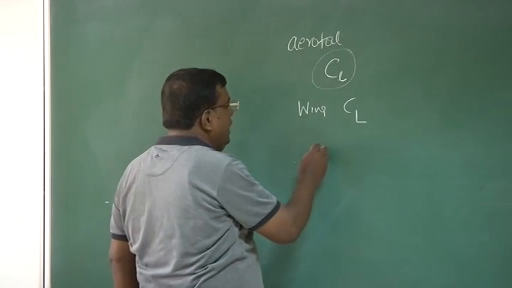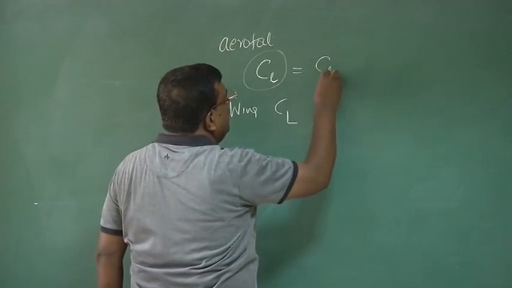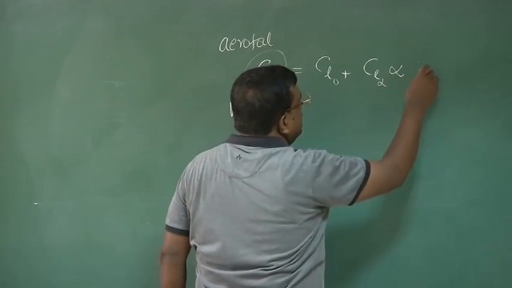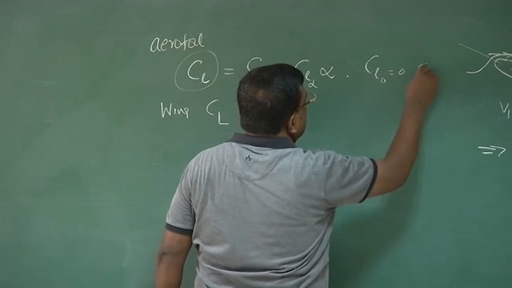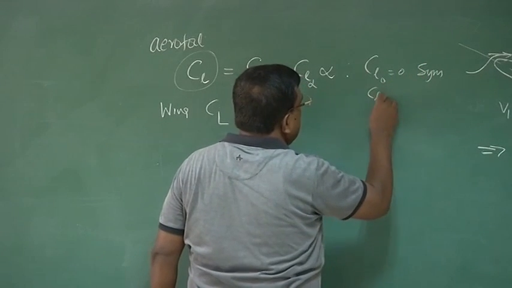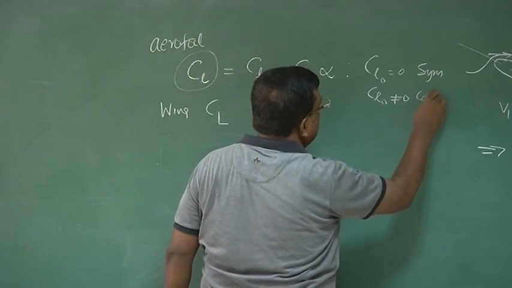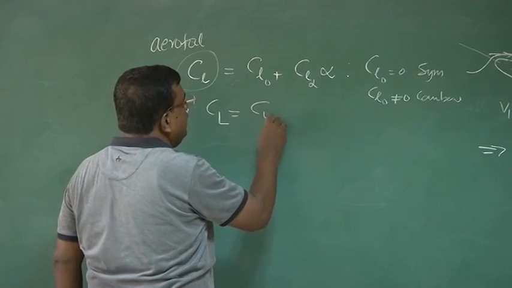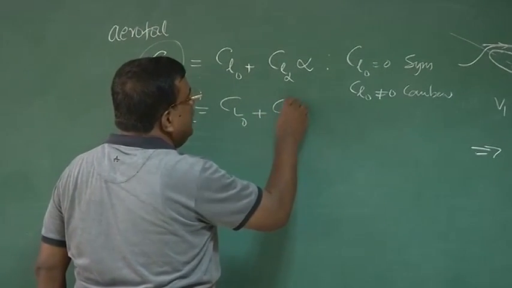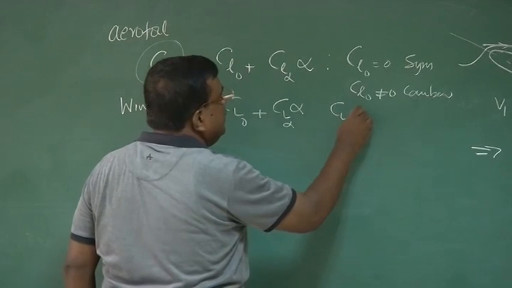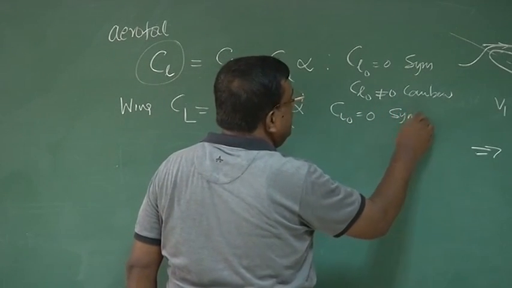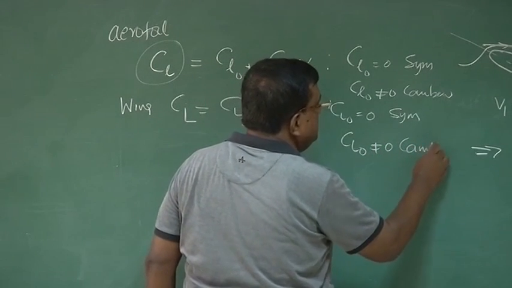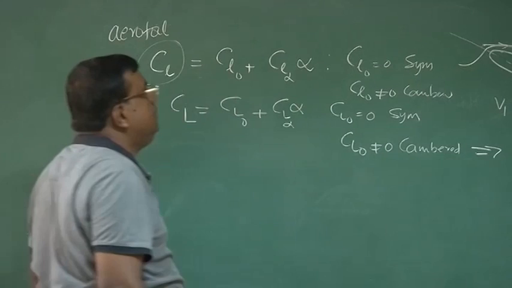So for aerofoil I will write Cl equal to Cl naught plus Cl alpha into alpha, where Cl naught equals 0 for symmetric and Cl naught not equal to 0 for cambered. And for wing I will write CL equal to CL naught plus CL alpha into alpha. Again CL naught is 0 for symmetric and not equal to 0 for cambered, right?